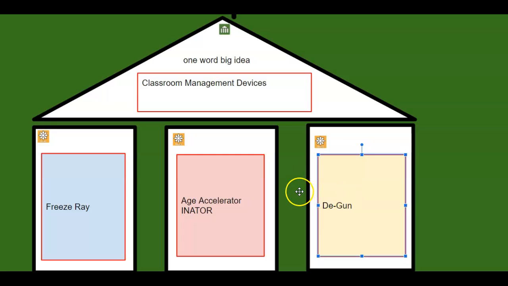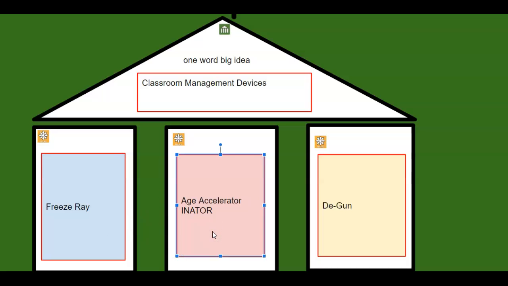Okay, those are 3 distinctly different topics. And then when I write my research paper, my introductory paragraph will have my hook, and then it'll have my thesis that'll say what my overall topic is about, and it'll mention just these 3 subtopics in short form. Then my first paragraph, the whole paragraph is going to be about the freeze ray.